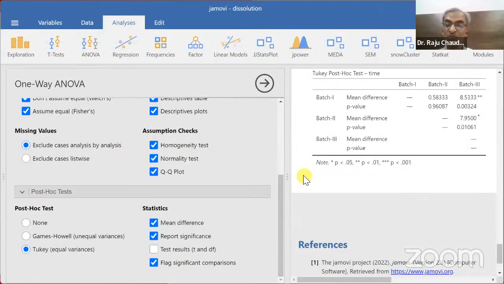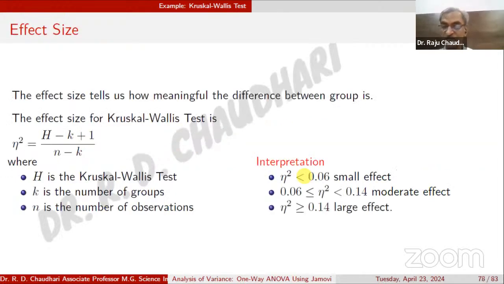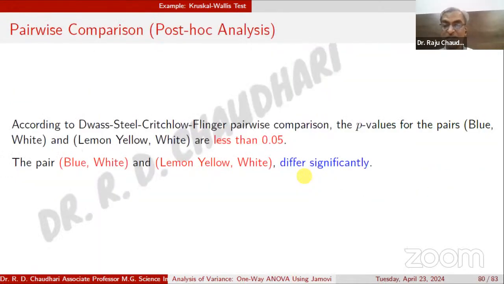So this is how we can compare pairwise. And we can see that blue and white color, and lemon yellow and white color, differ significantly. So this is all about the pairwise comparison test.